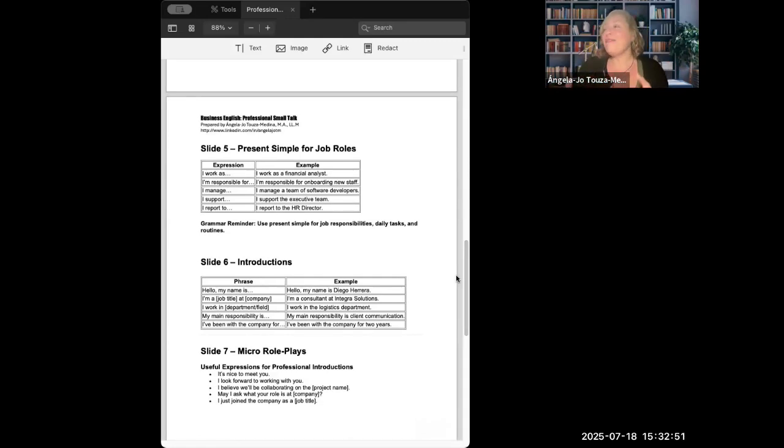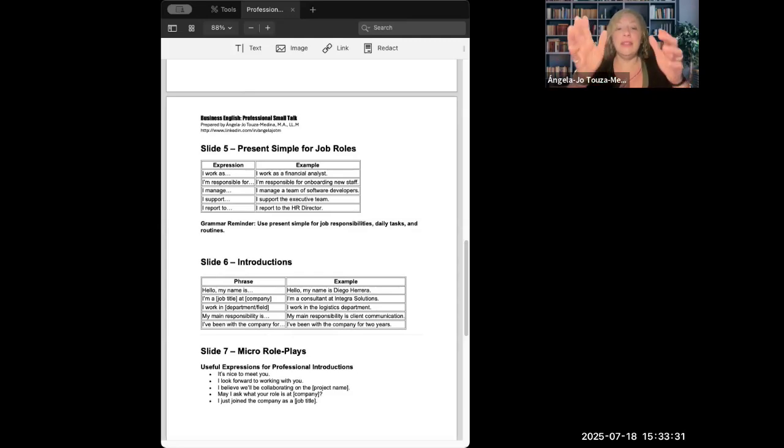When we think about describing the work that we do, we use the present tense. We use present simple to describe our job description, our job responsibilities and daily tasks and routines. So what does that mean? That means that if we look at the meeting chat, we would be saying, I do, I fix. For instance, if I say, I am the social media manager, I would say, I manage social media networks.